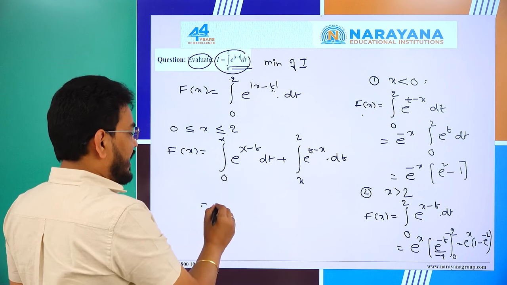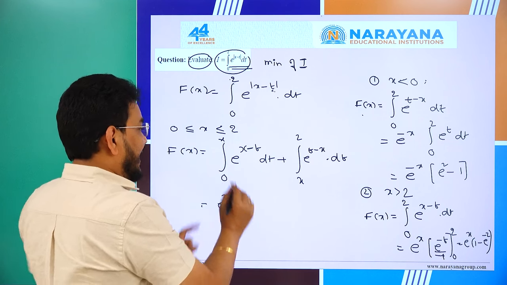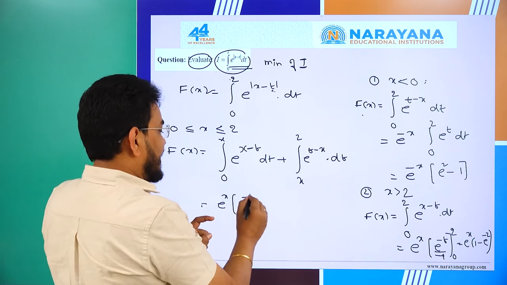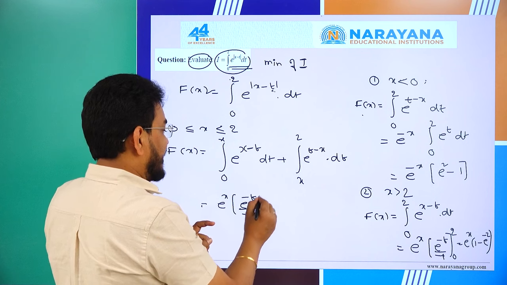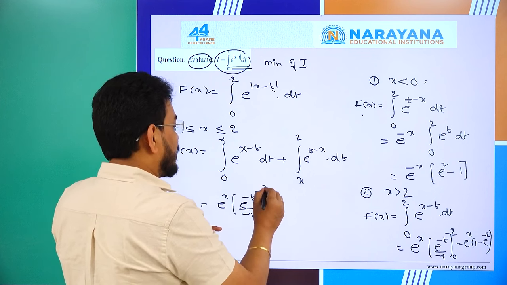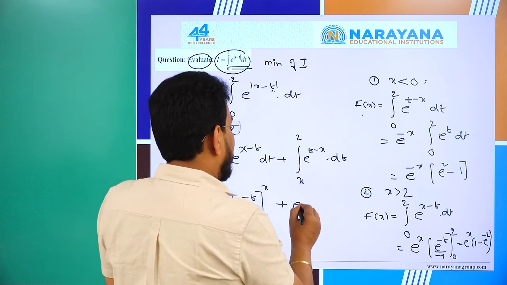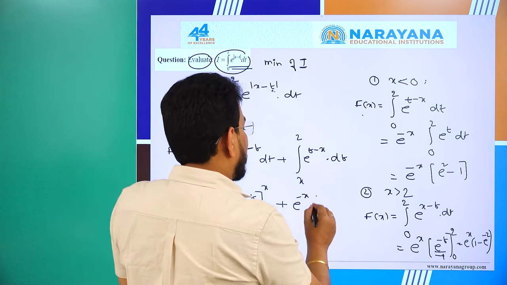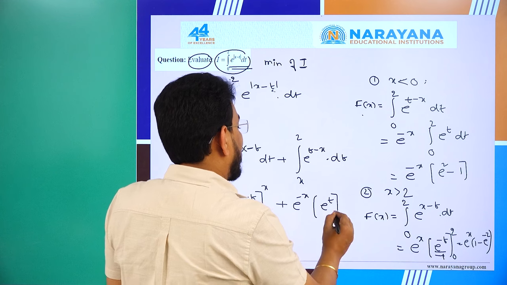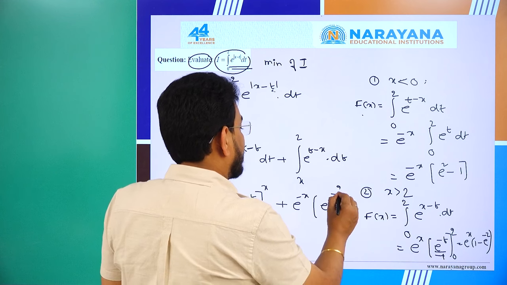So from here e power x outside, integral of e power minus t is e power minus t by minus 1 of the limit 0 to x, plus here e power minus x common. So it is e power t of the limit x to 2.